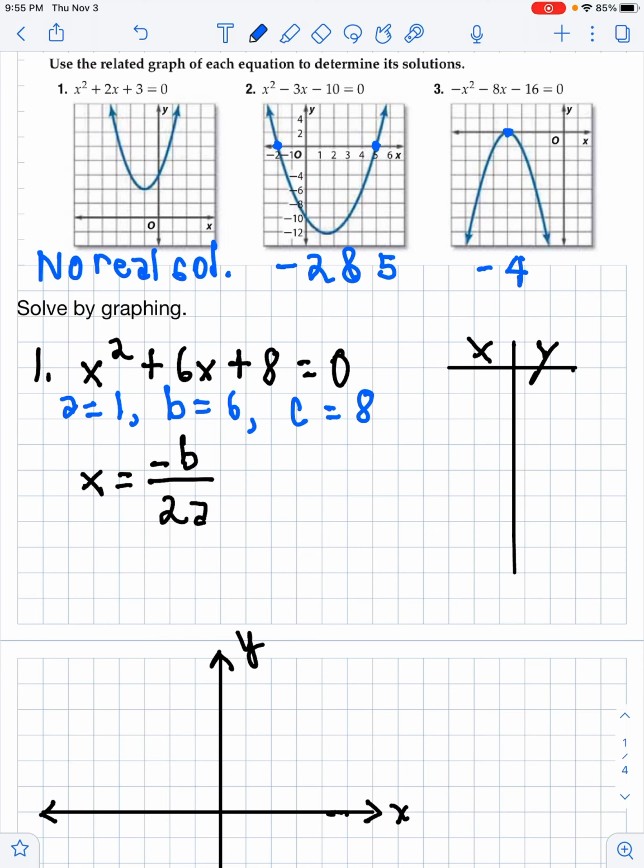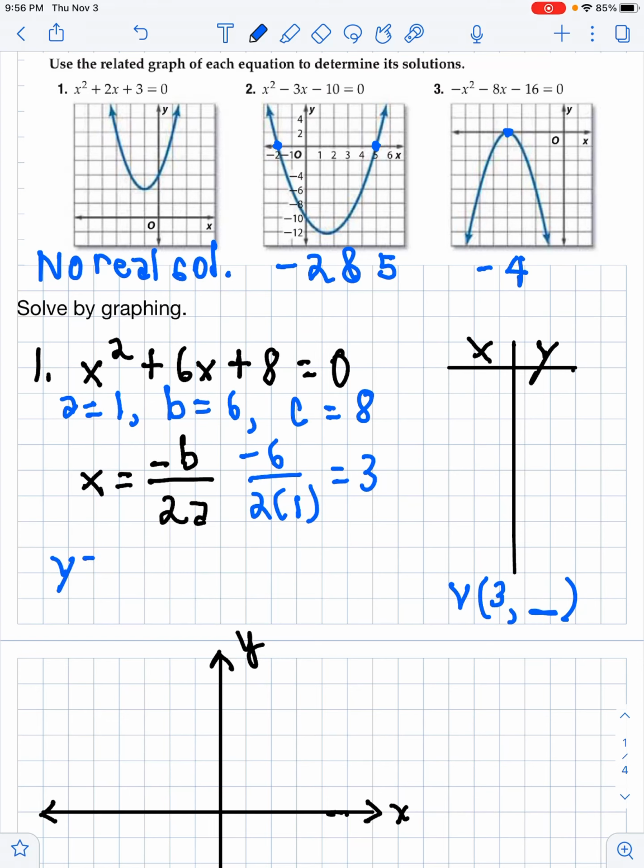So to find the x-coordinate of our vertex, we take the opposite of b, so that would be -6 over 2 times a, that's 2, and -6 divided by 2 is 3. So the x-coordinate of our vertex is 3, and then we have to find the y-coordinate, and we do that by plugging the 3 into the equation for x.